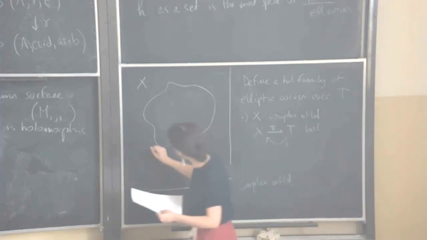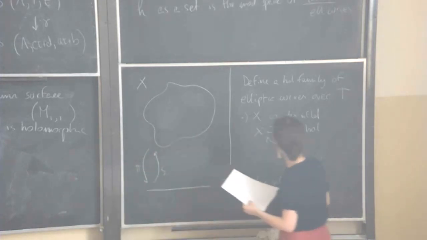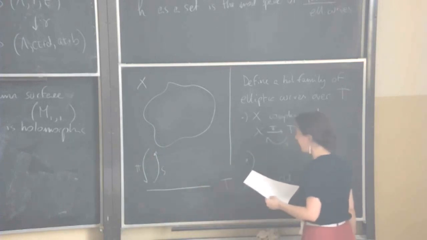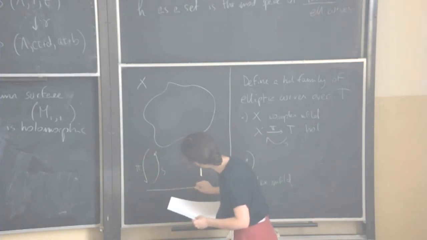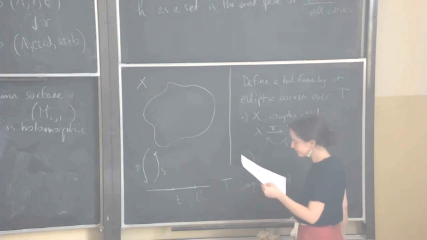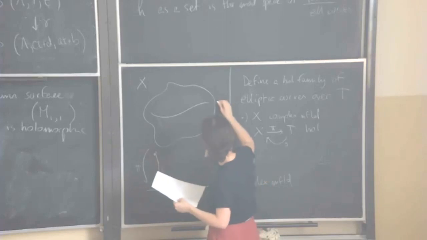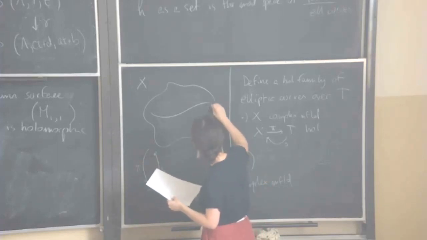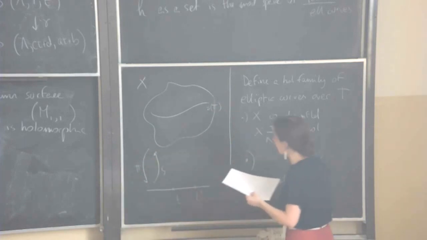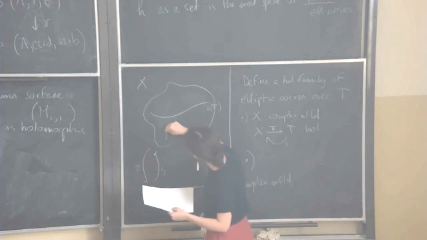So put that here, we have I and we have X. And we want something more, which is that if we take here 2 points on T, here we take the image of our space. So this is S from T. We want that each fiber is an elliptic curve.